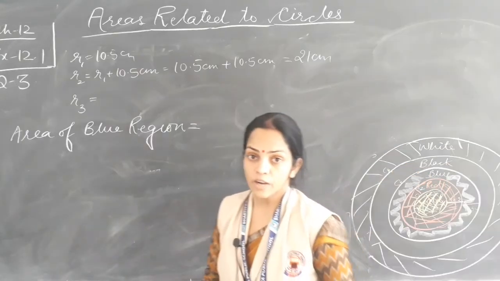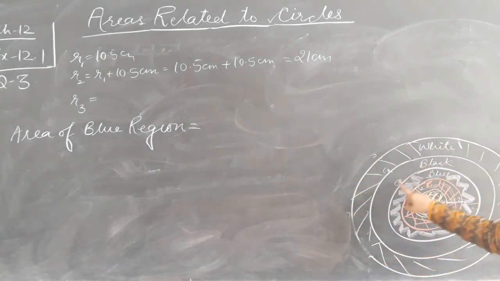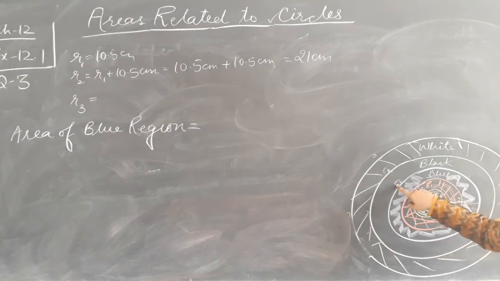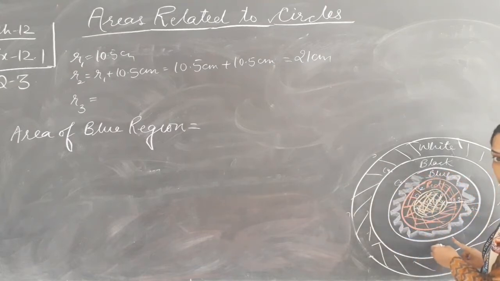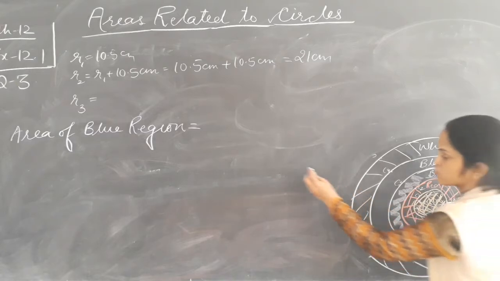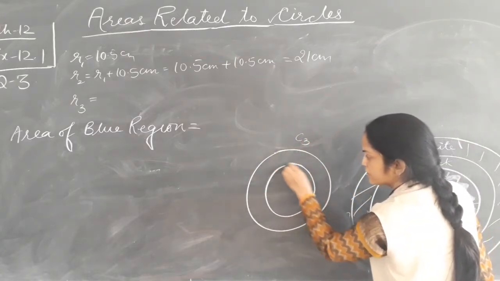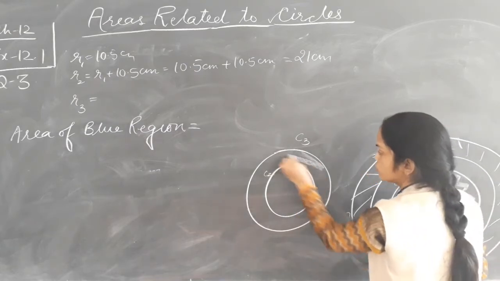Okay. Now for finding the area of blue region, see in this diagram, we have reached C3 now. For the area of blue region, we will find area of C3 minus area of C2. Out of this whole area C3, if we deduct C2, then obviously we will get the area of this blue region.